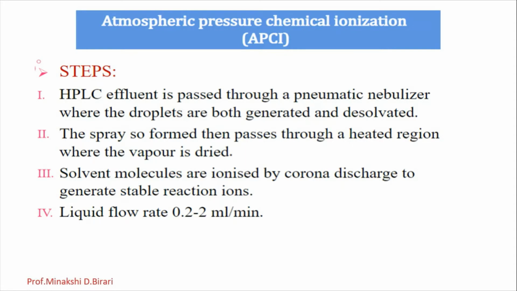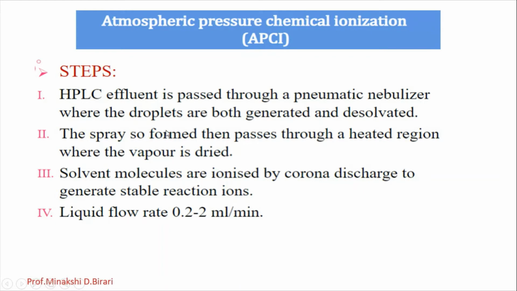APCI is a variant of chemical ionization and is carried out using an ion source which is similar to ESI. APCI produces the ions using a reagent gas generated from the solvent vapor, where the solvent may be a mixture of methanol, acetonitrile and water at 0.5 ml per minute, which is supplied to the APCI probe by a pump, either by HPLC or by LC.